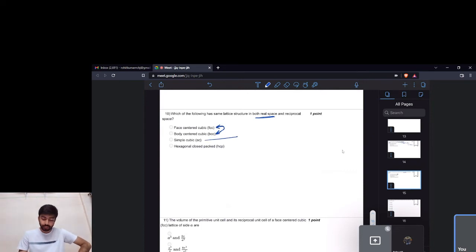Simple cubic is the only lattice among SCC, BCC and FCC that does not flip its nature. Simple cubic is the one where you will find that it is self-dual, and to prove the point, let me consider the simple cube for the discussion.